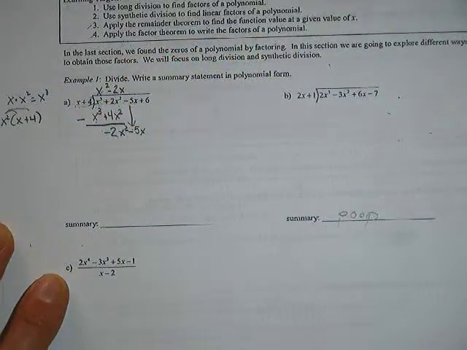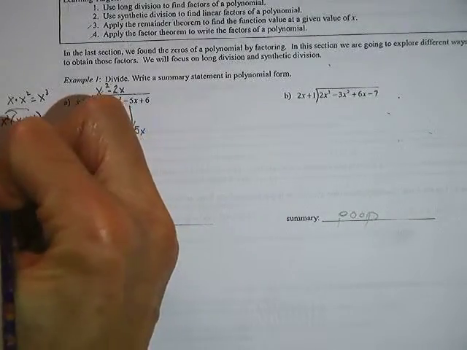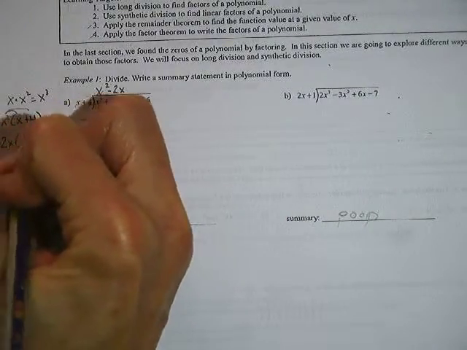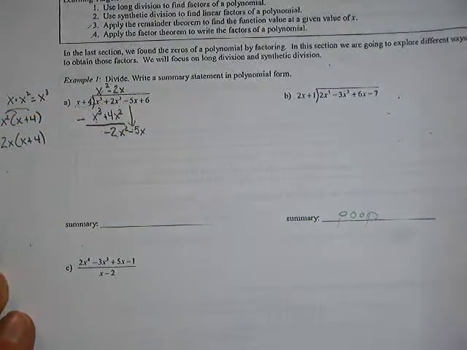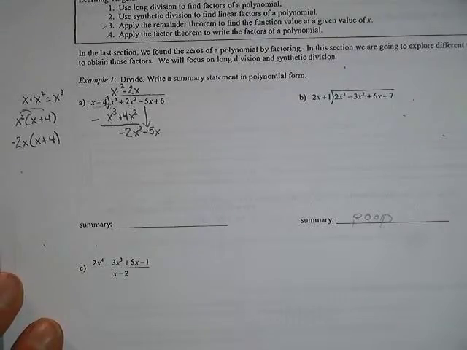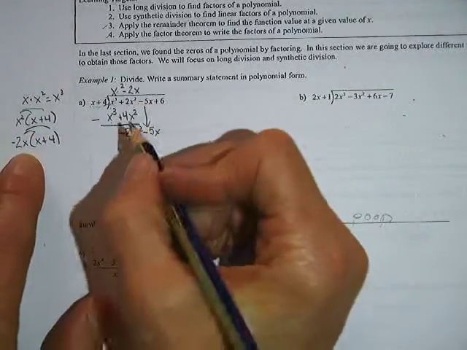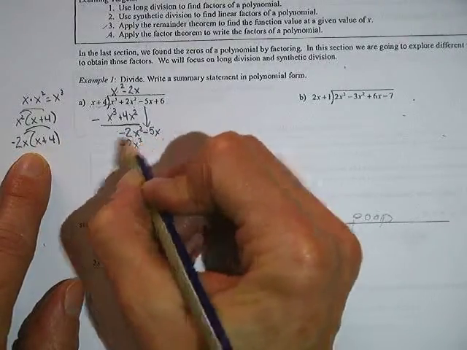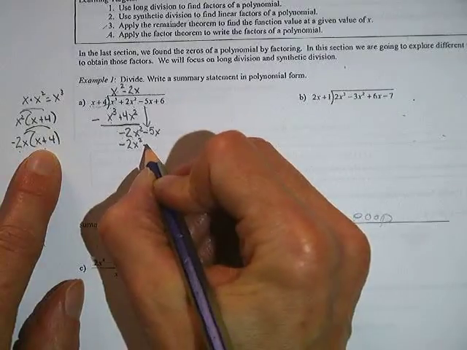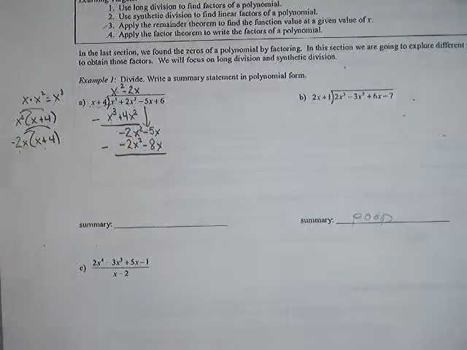So now I have to multiply a negative 2x times x plus 4. Distribute it in just like normal. And I'm going to get a minus 2x squared minus 8x.